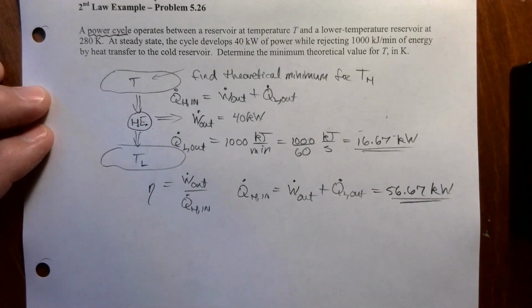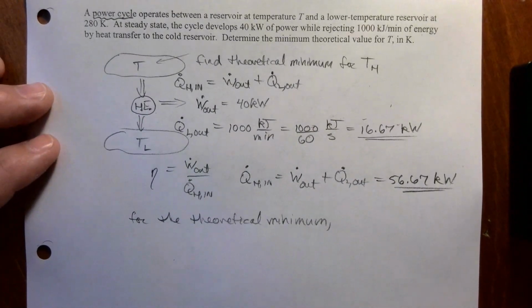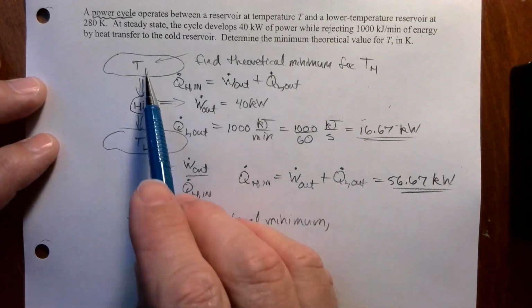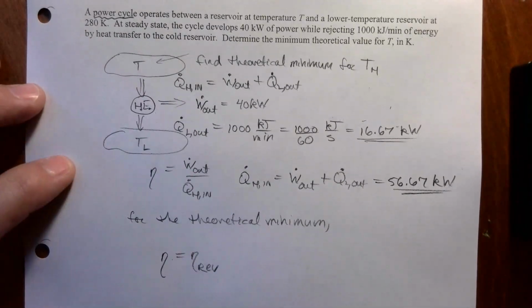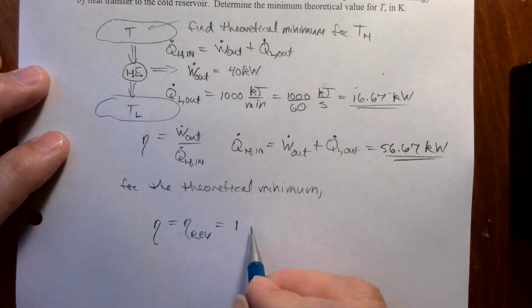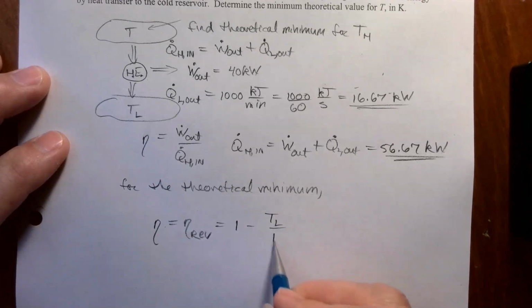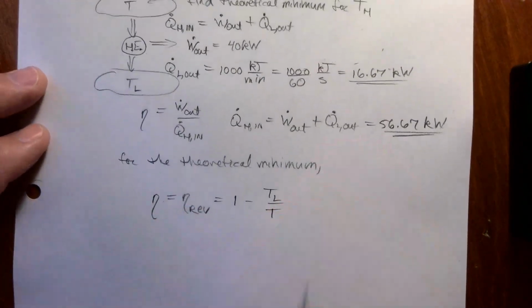Now we need to figure out what the theoretical minimum is. For the theoretical minimum, we're going to keep lowering this temperature until the thermal efficiency achieved here is equal to the reversible case. Without going through a derivation, you'll probably remember that the reversible case is 1 minus TL over TH. I'm just going to call that T in this case.